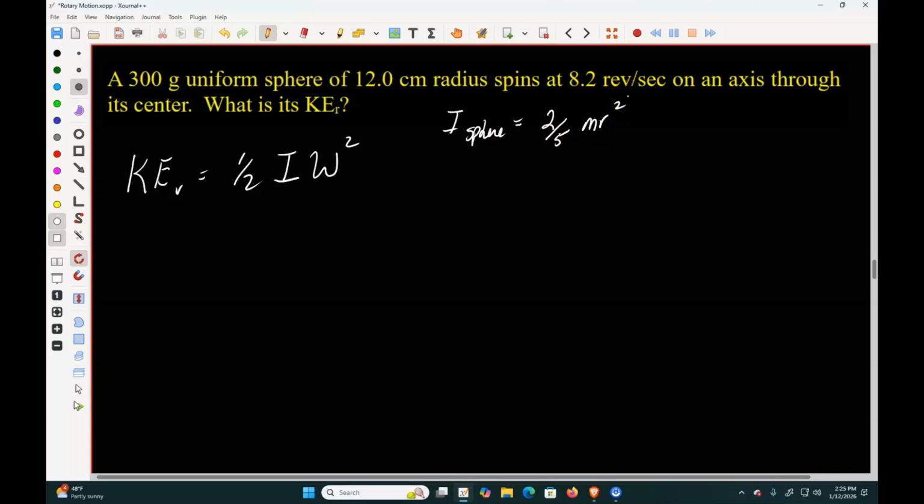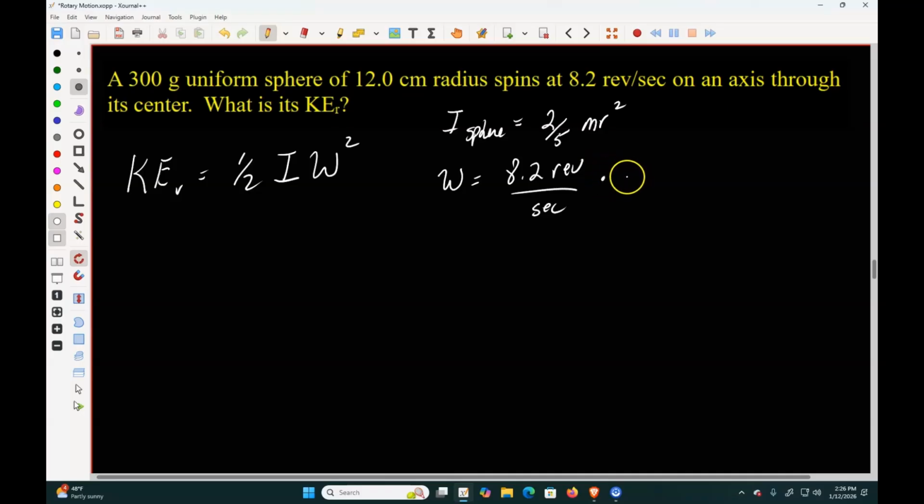And we can't work with revolutions per second. We have to be in radians per second. So to get that, I need to convert my 8.2 revolutions per second into radians per second.